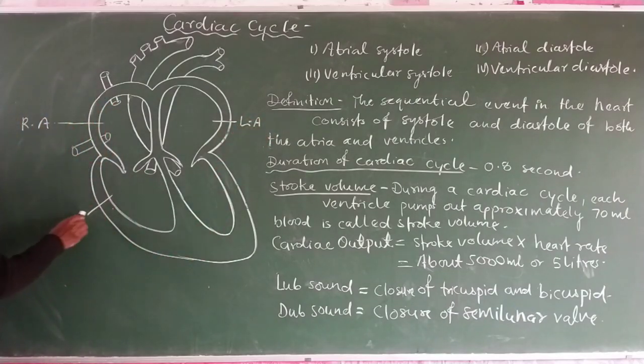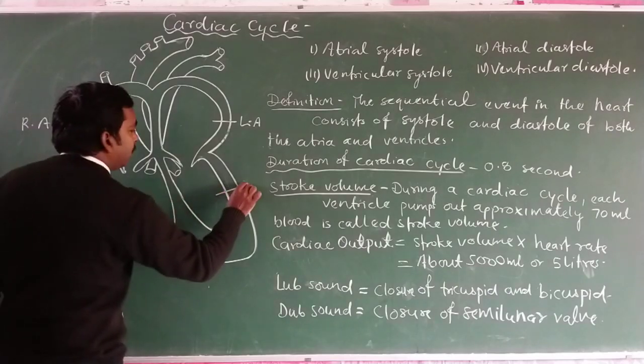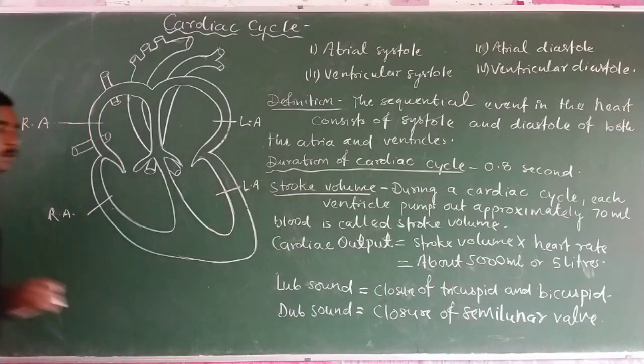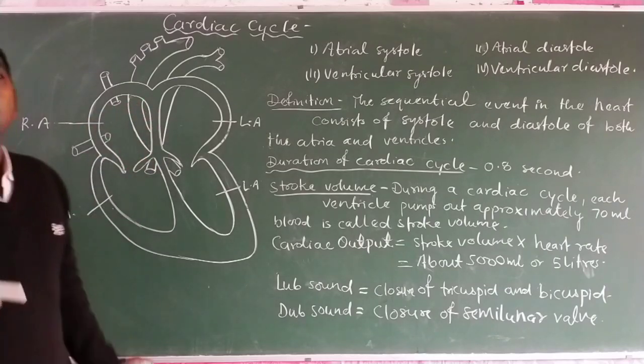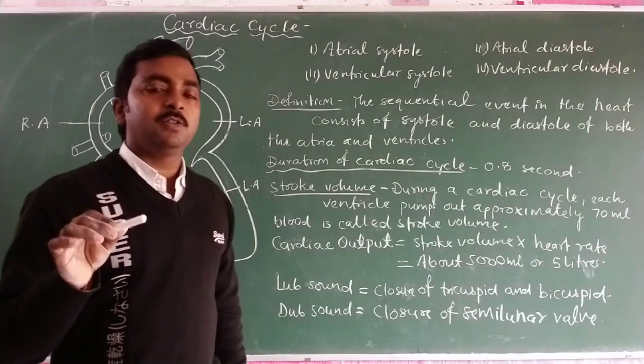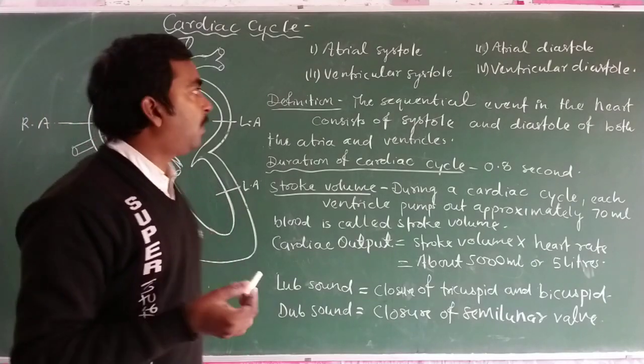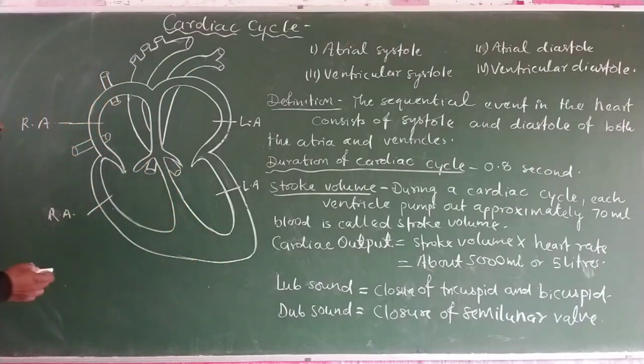The cardiac cycle involves the relaxation and contraction of these four chambers of the heart. Let us understand how these four chambers, by undergoing contraction and relaxation, complete a cardiac cycle.